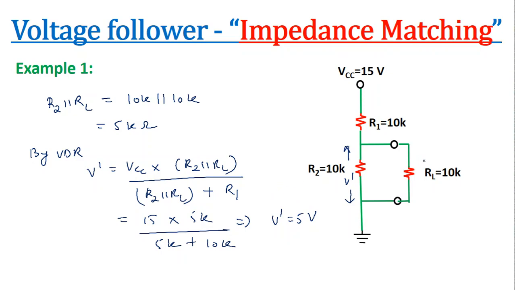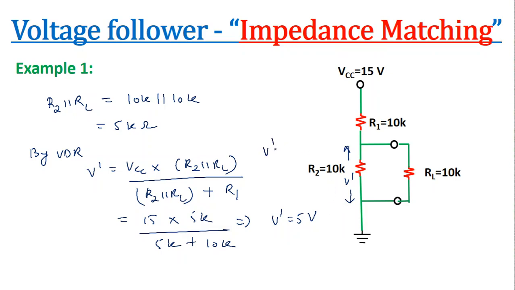That means the moment we connected the load resistance RL of 10K in parallel with R2, the voltage dropped to 5 volt from 7.5 volt.